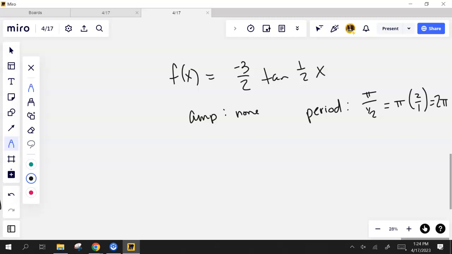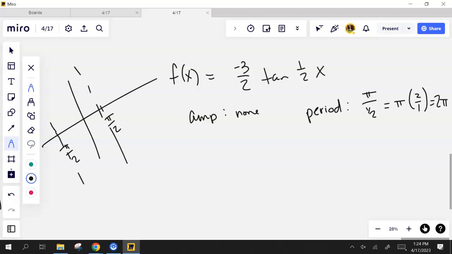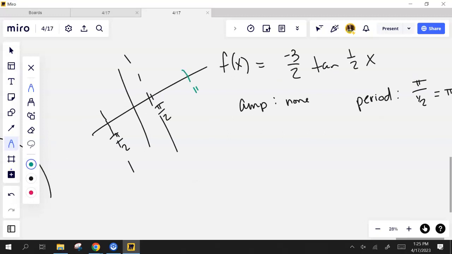Does that make sense? So originally, exactly. Originally, my period was pi. Now my period is going to be 2 pi, which means this is going to go out to pi, and this is going to go out to -pi for my asymptotes. Do you see why?